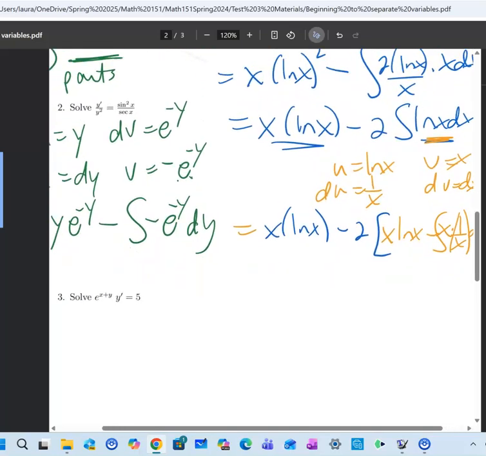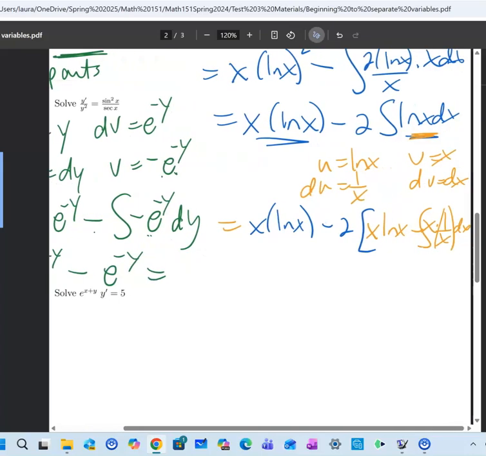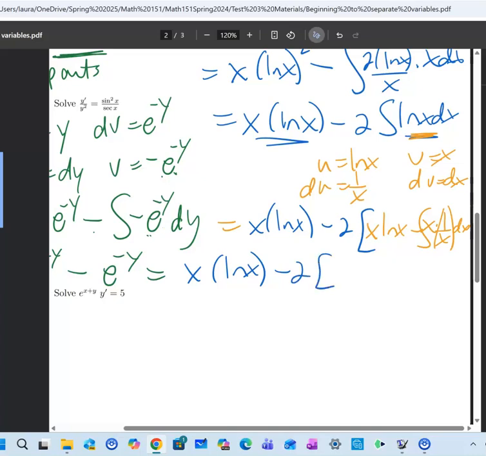Okay, so let's see what happens here. So I've got this negative y e to the negative y, and these two negatives would make a positive, but then when I take the integral of e to the negative y, I get another negative. So e to the negative y equals, okay, so let's carry this along, x ln of x squared minus, and I don't need to distribute this through, so I'm just going to leave it out there, 2 times x ln of x minus the integral of 1, which is x, plus a c.